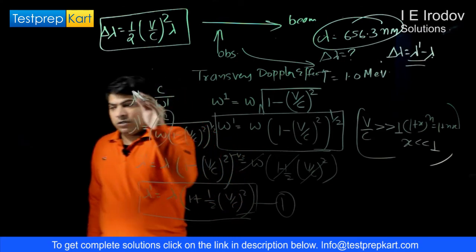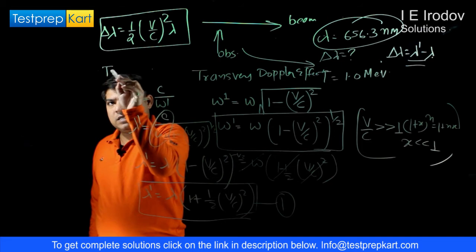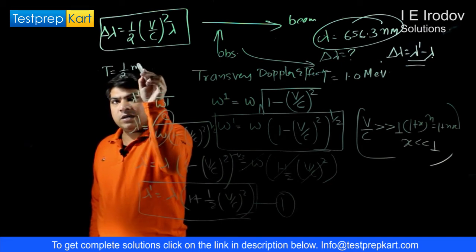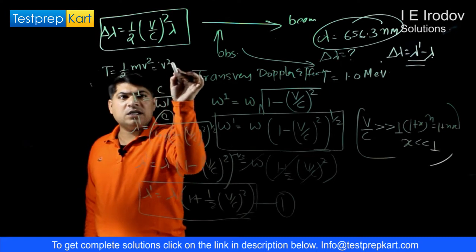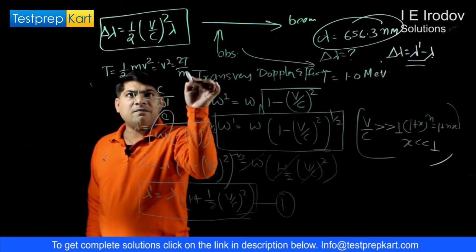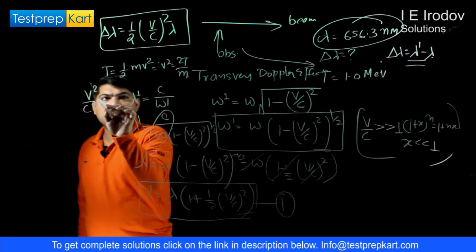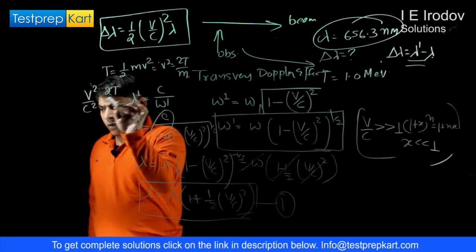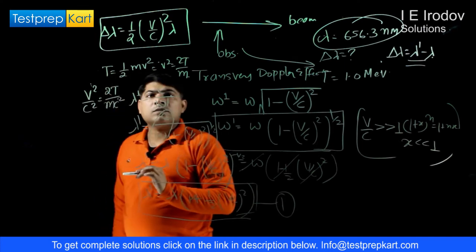So from here we can write that energy is equal to half mv square. It means V square is equal to 2T upon m, and V square over C square can be written as 2T over mc square.